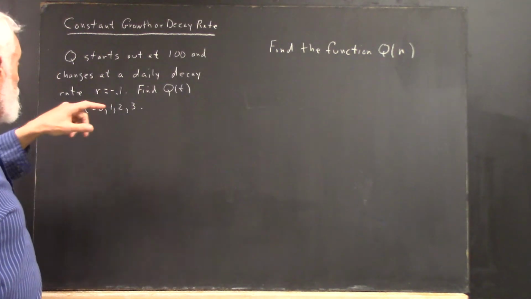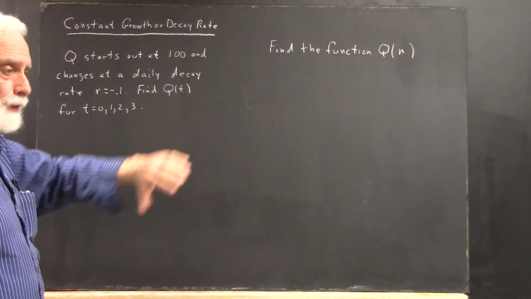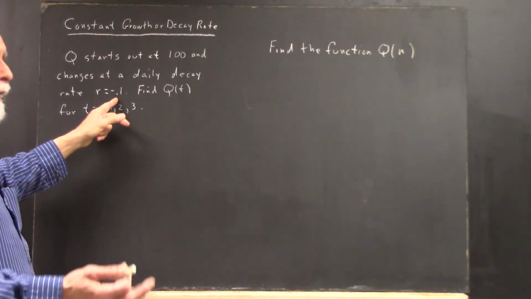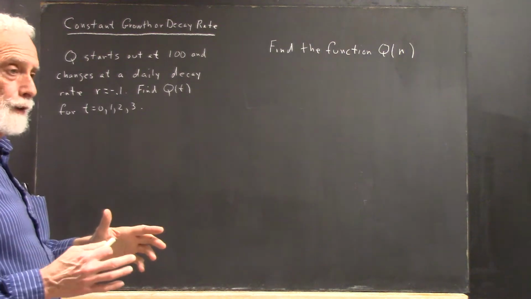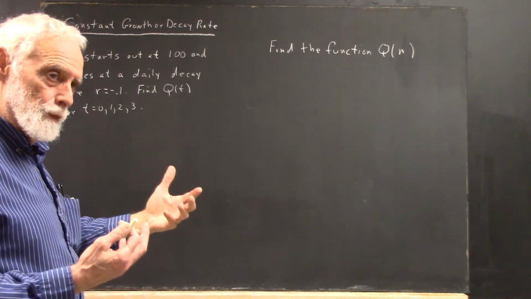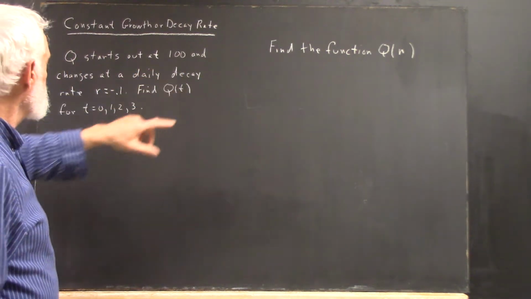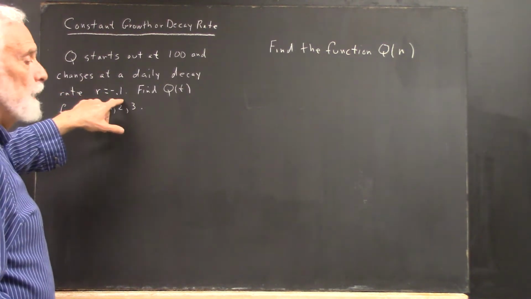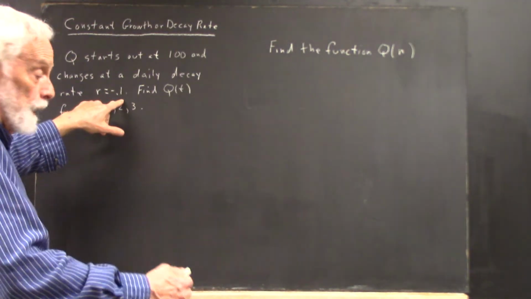It would have been a positive number because something was actually growing. Here, r is going to be a negative number, but it behaves just the same as far as the sequence of calculations. You're going to use it in the same way you used it for the growth rate of a principal. So Q starts out at 100 and changes at a daily decay rate of negative 0.1. That's really a growth rate, but it's negative, so it's a decay rate.